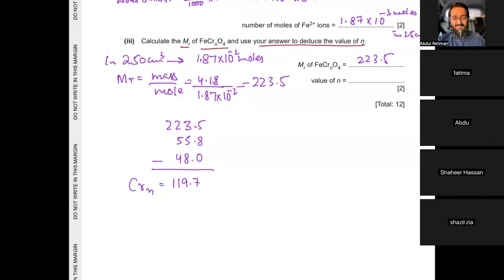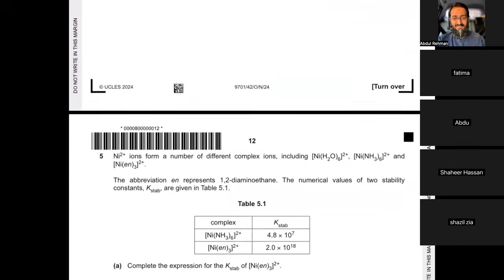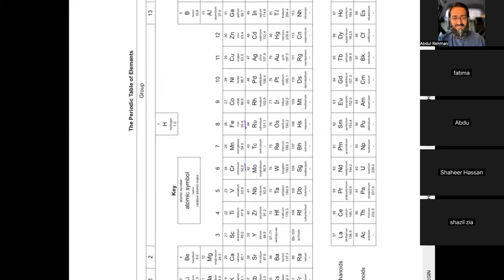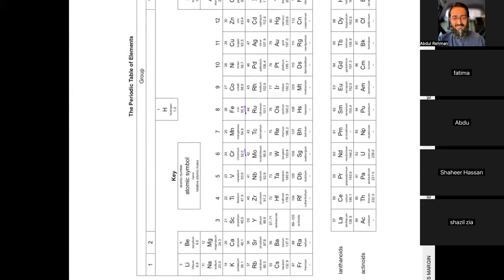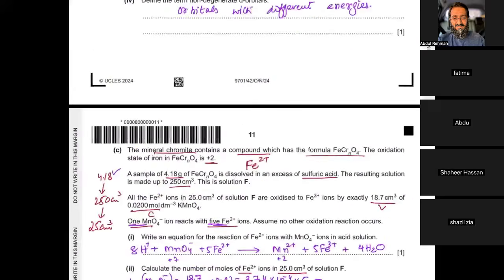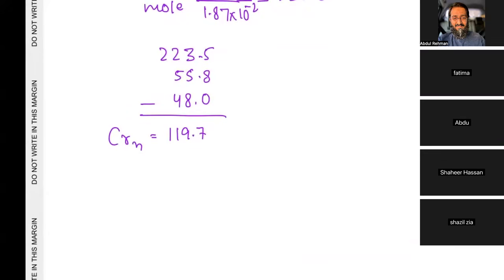So what is the AR of chromium? It's 52. So yeah, you divide it with 52, you will get the number of Cr.